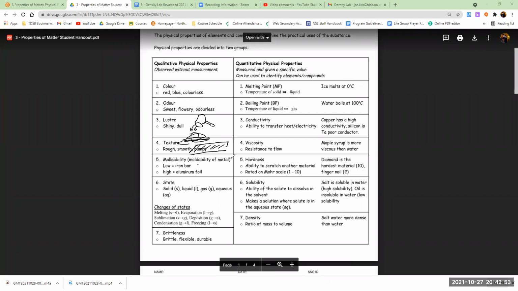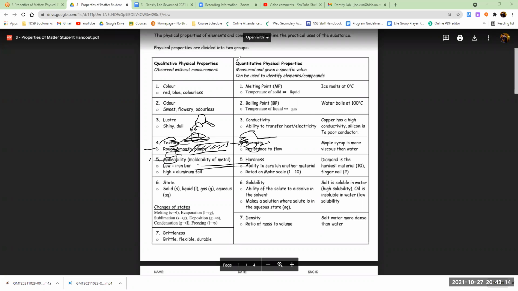Ductility is slightly different. As opposed to flattening it this way, it's actually checking how well it can stretch. If I take my hands and I grab this material on both sides and I pull, am I able to pull? Sort of like silly putty. Am I able to pull and let it stretch out?